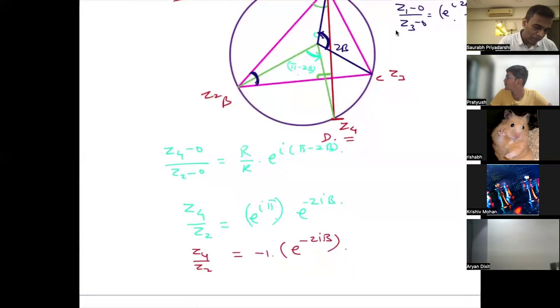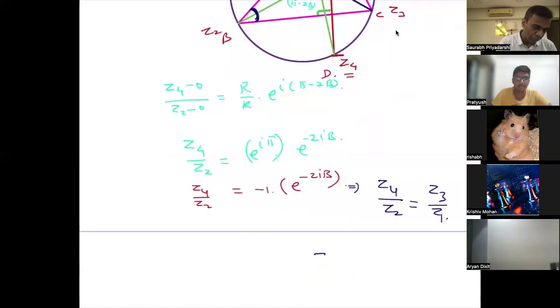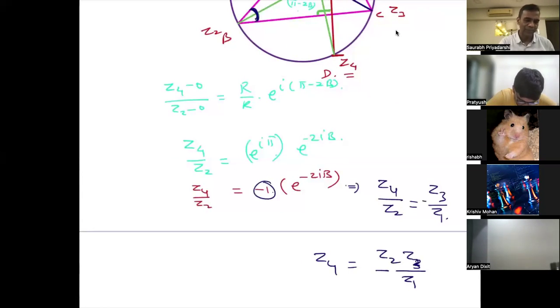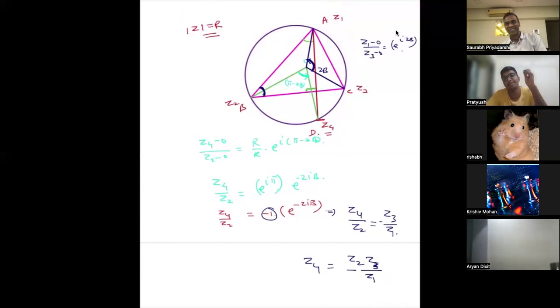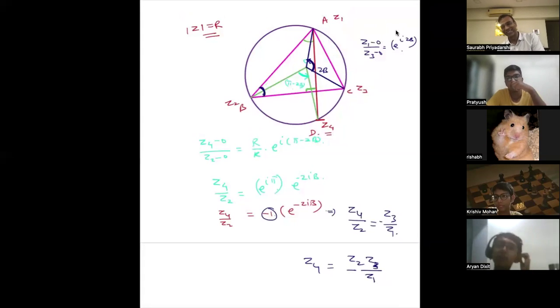Means I can put the value: Z4 by Z2 is equal to Z3 by Z1, with minus sign, or Z4 is equal to minus Z2 Z3 by Z1. So only this you are getting. Z4 is equal to minus of Z2 Z3 by Z1. First result.